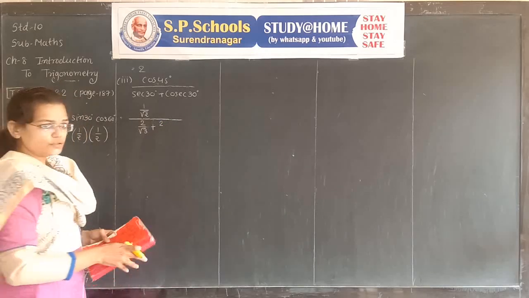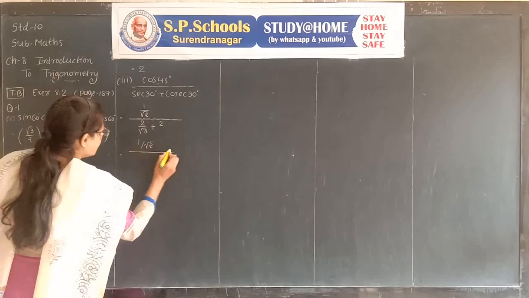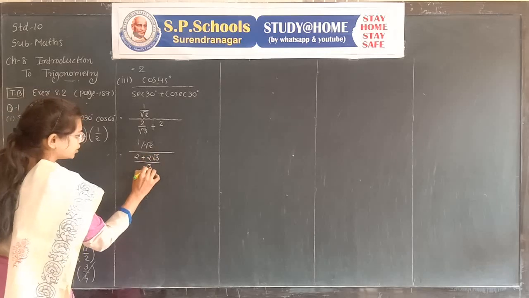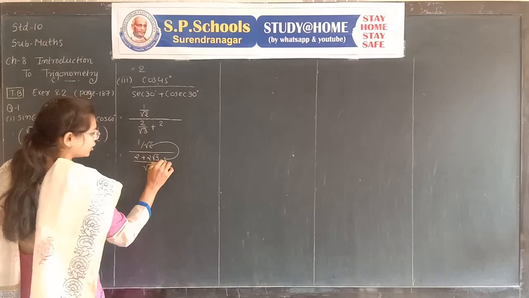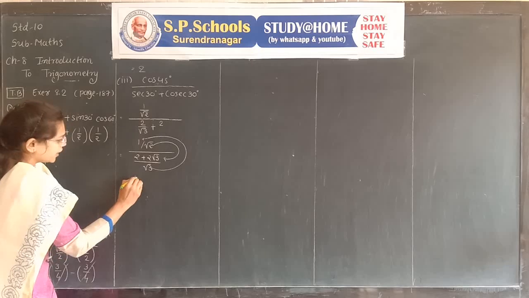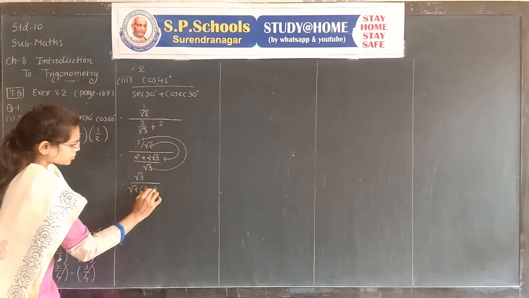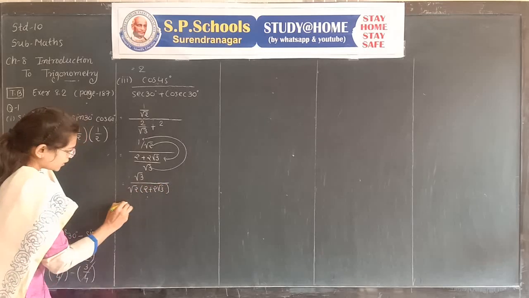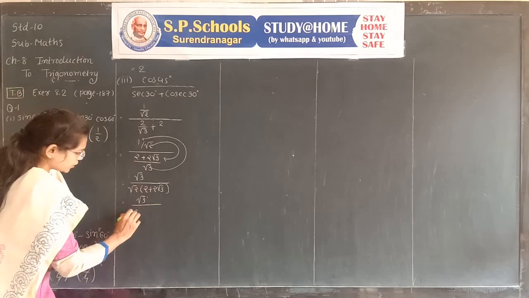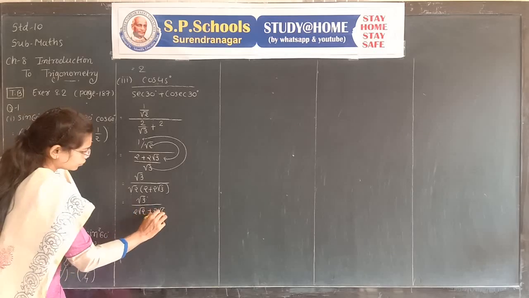Now first of all we have to take the LCM of the denominator. Numerator 1 upon root 2 as it is, upon 2 plus 2 root 3 upon root 3. Now the numerator's denominator comes to the denominator and the denominator's denominator goes to the numerator, and we get root 3 upon root 2 into bracket 2 plus 2 root 3, which equals root 3 upon root 2 into 2 is 2 root 2 plus 2 root 6.